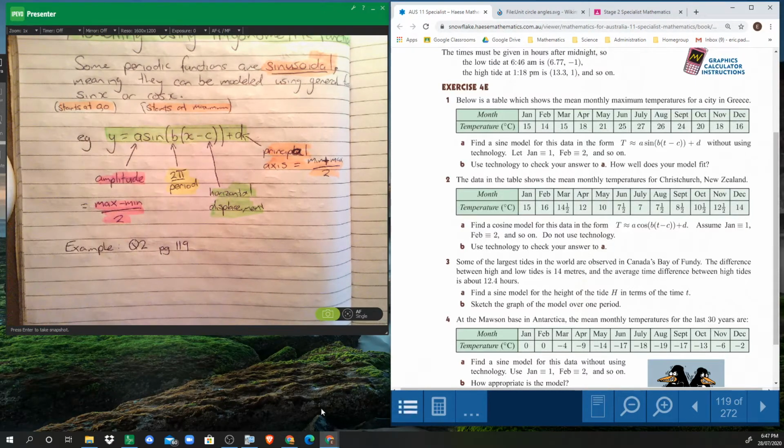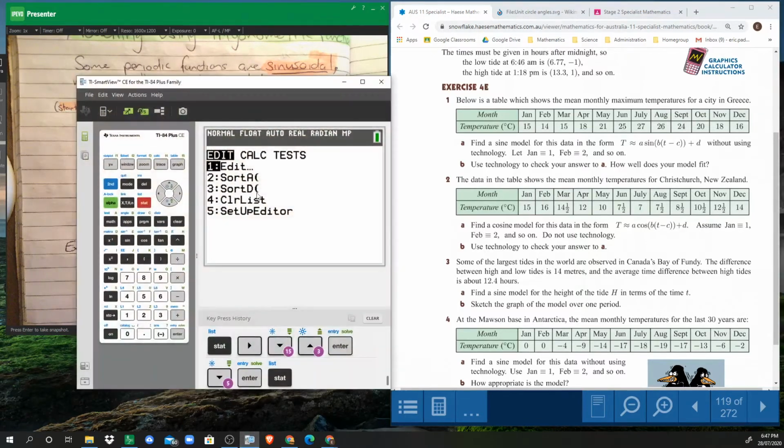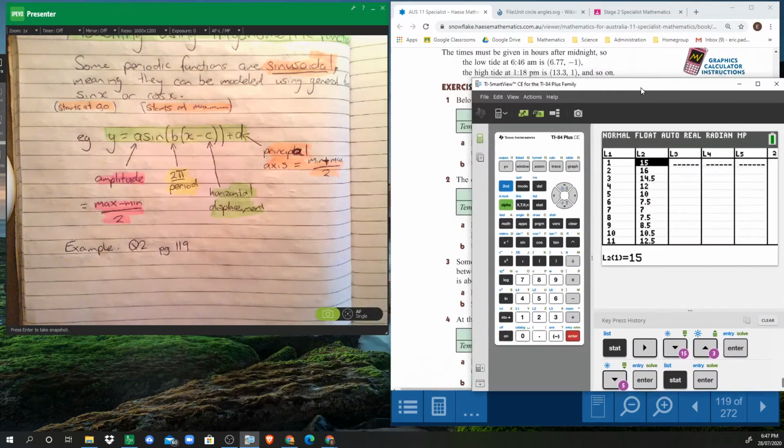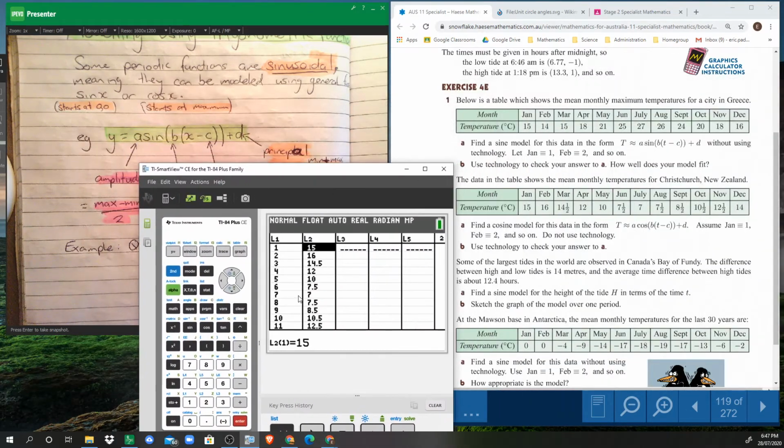To save myself from copying that out, I'll bring up my calculator. I'm not going to solve for the function this way, but I'll have this here just to see. So there's the list. That's your time: how many months after basically the start.